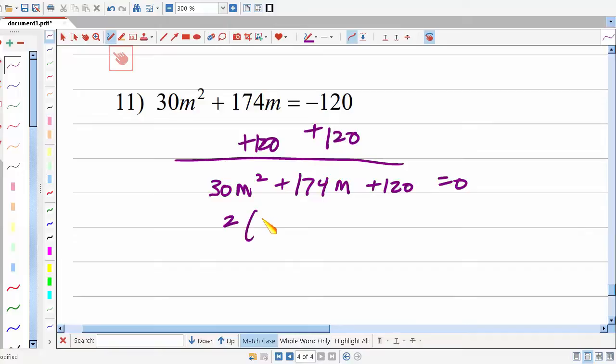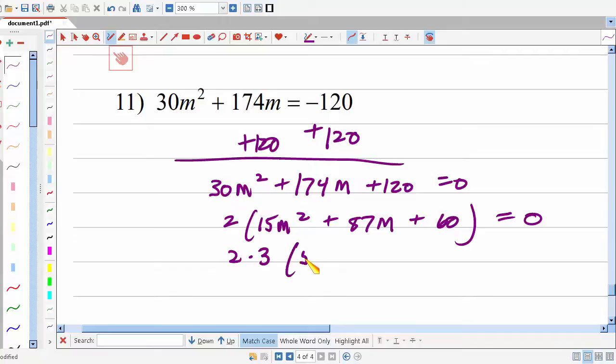So I get 15m squared plus 87m plus 60 equals 0. And now I guess I can divide out a 3. So I get 5m squared plus 29m plus 20.